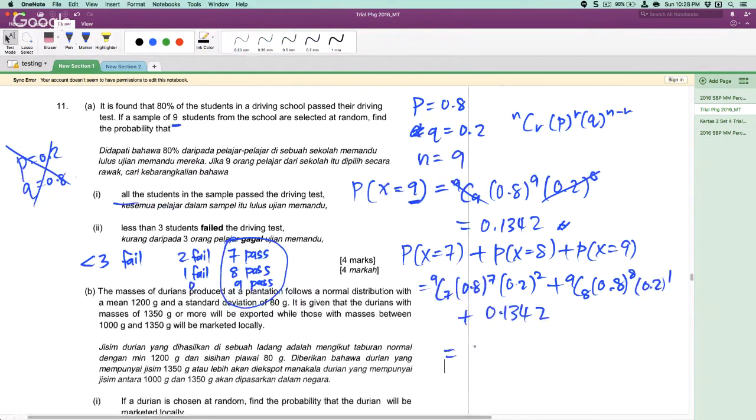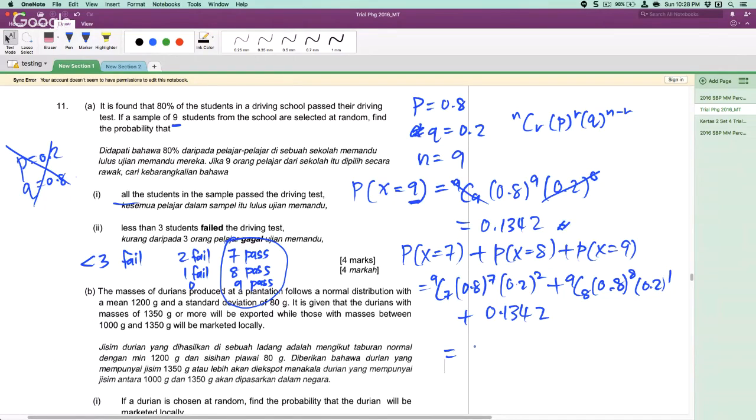Then you will use the calculator to solve this one real quick. 0.8 power of 7 and then we multiply the 0.2 power of 2, and then plus 9C8 multiply 0.8 power of 8 and then multiply 0.2 power of 1, which means multiply 0.2, and then plus 0.1342.